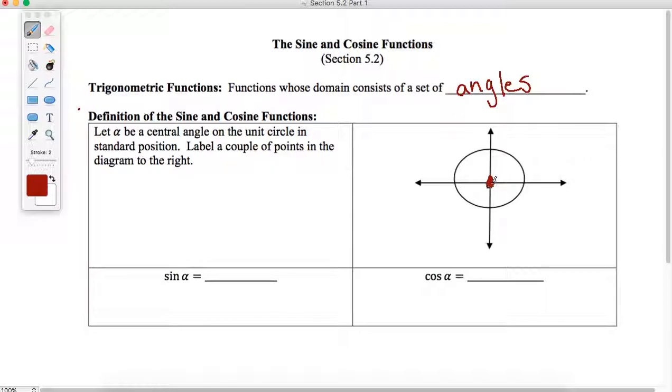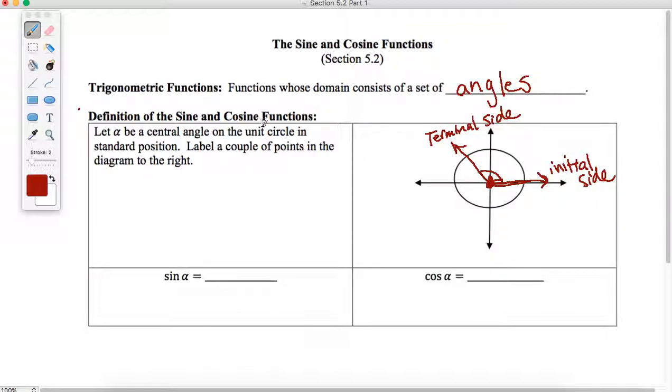So if this were a perfect circle, that would be my vertex, and this is awful, but this will be my initial side. And that can be considered my terminal side.